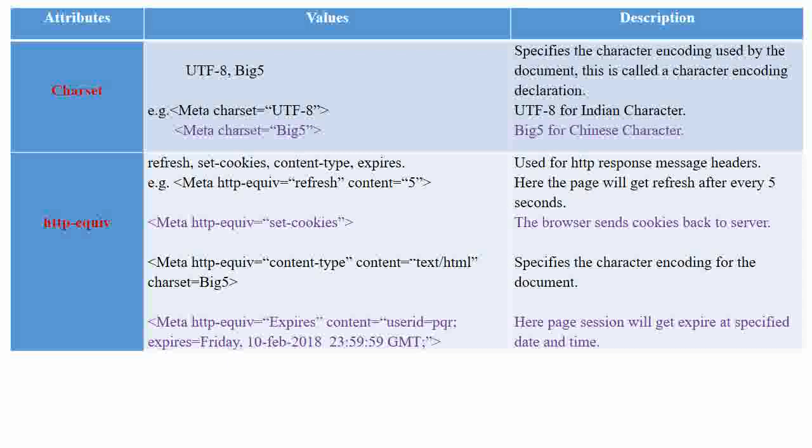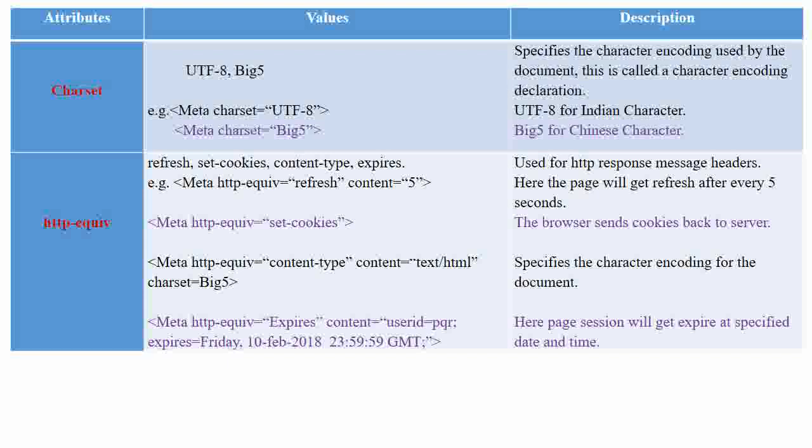Meta http-equiv equal to expires, content equal to user ID equal to PQR, expires equal to Friday, 10th Feb 2018, specified GMT time. Here the page session will expire at the specified date and time.